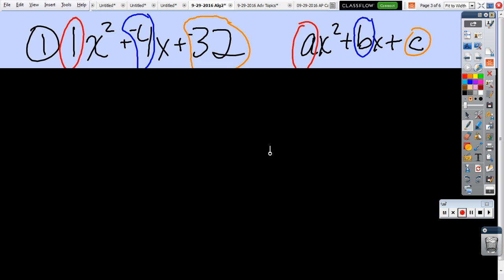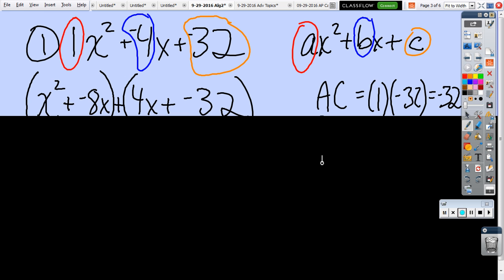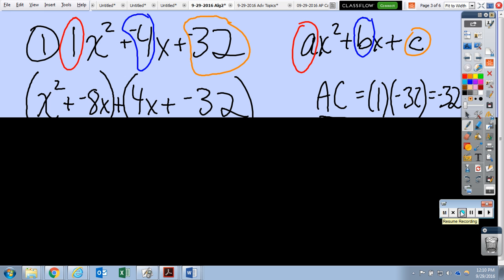So AC would be 1 times negative 32, which is negative 32. Let's go with this. So we have 1x squared plus negative 4x plus negative 32. I changed it all to addition so we can clearly see that it's negative 4 for B and negative 32 for C, and A is 1.